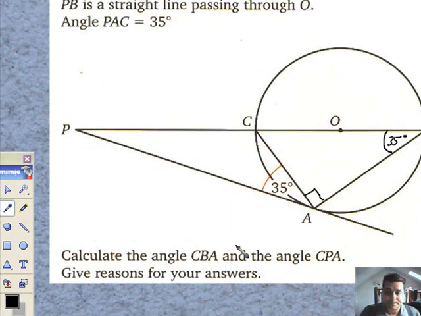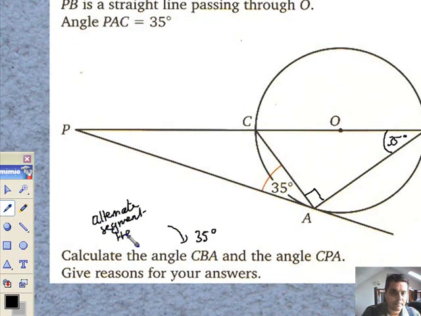So that's that one. Let's just write it here, 35 degrees. There's that one done. Right, give my reasons. Again, alternate segment theorem rather for that one. Just write it there. That's that one sorted.